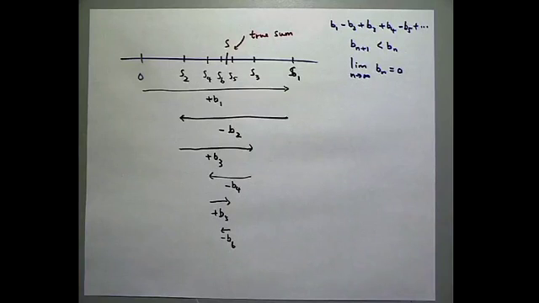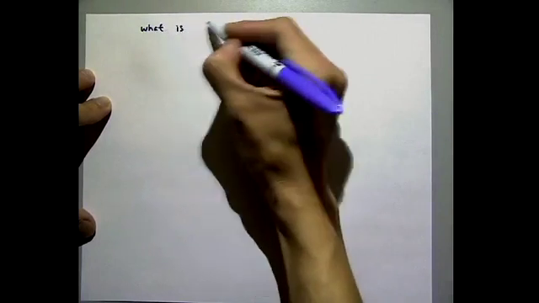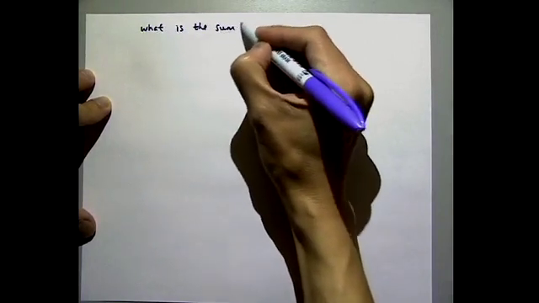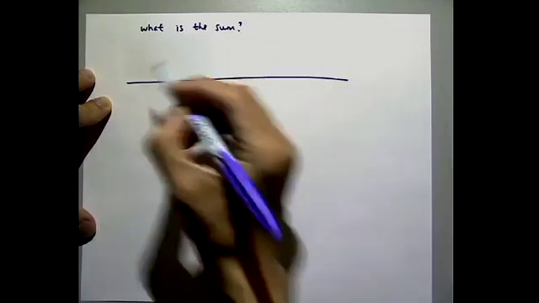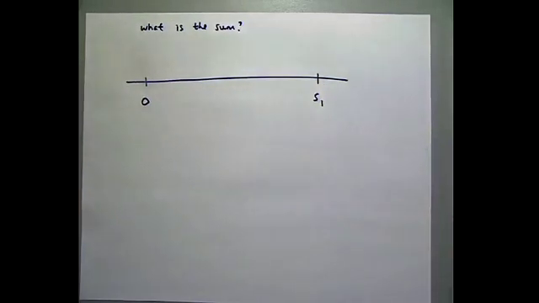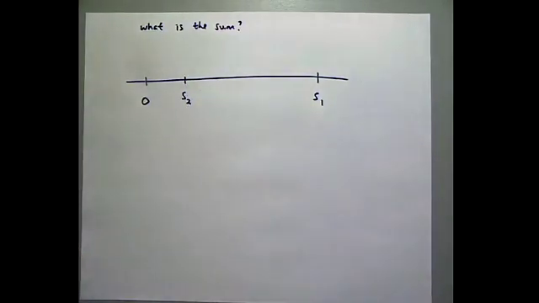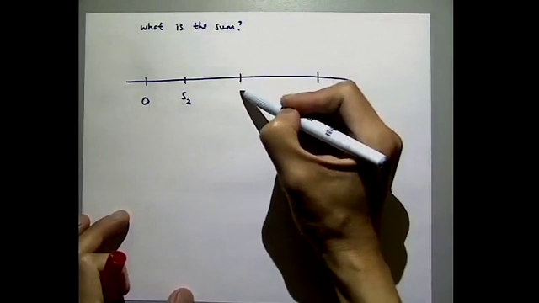Now let's find out how we can find this true sum. We'll use the same picture, but not as many numbers on it. And we saw earlier, remember, the true sum is somewhere here.